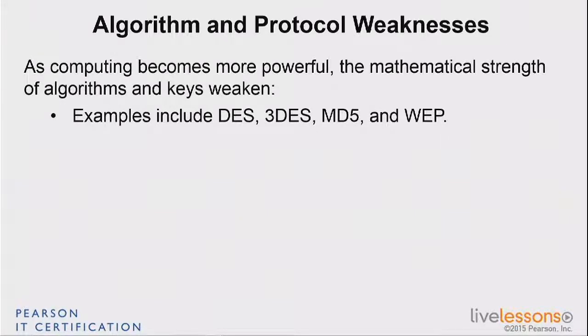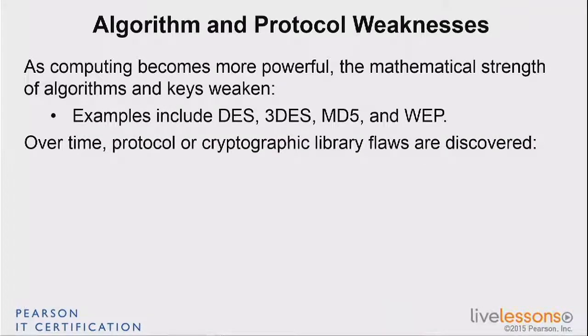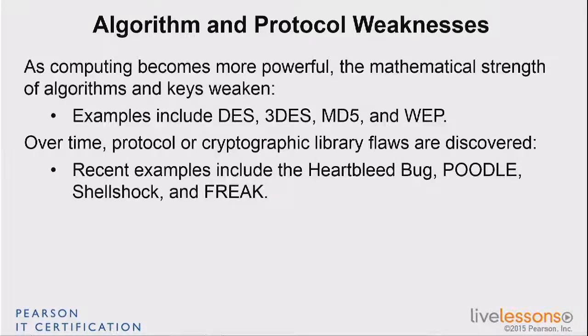In addition to mathematical strength becoming weaker, we're finding that over time, protocol or cryptographic library flaws are being discovered and identified. Really, I want you to think of those flaws as weaknesses or vulnerabilities. Recent examples include the Heartbleed bug, Poodle, Shellshock, and Freak, where weaknesses in the protocol or in the cryptographic library have been identified and exploited.